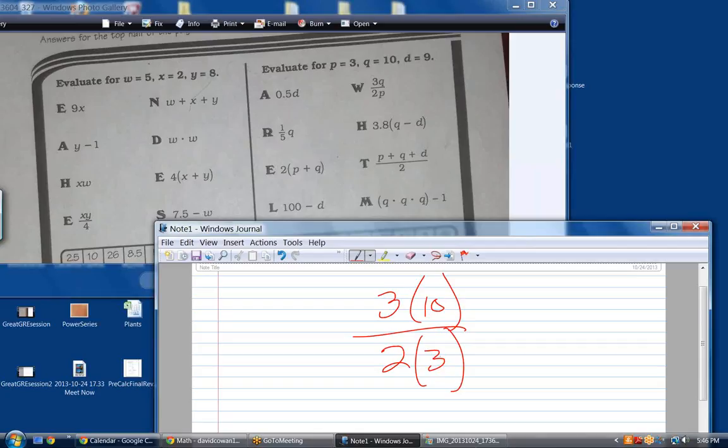And since everything is being multiplied, I can divide the top by 3 and the bottom by 3. Now what do I have? Now you have 10 over 2, I think? And that's also equal to 5. But again, we did it without using big numbers. In fact, I really could have, at this point, divided the top by 2, divided the bottom by 2, and that's what I have left only.